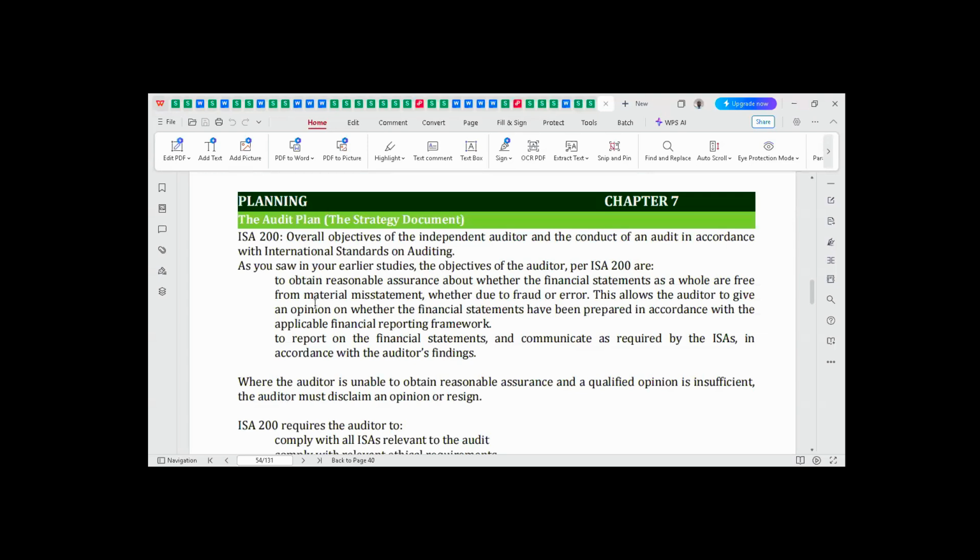So all these stages I just mentioned, they are referred to as what? Audit engagement cycle. You start with planning. The second stage is obtaining audit evidence. The third stage is evaluation and review of audit evidence. The fourth stage is reporting.